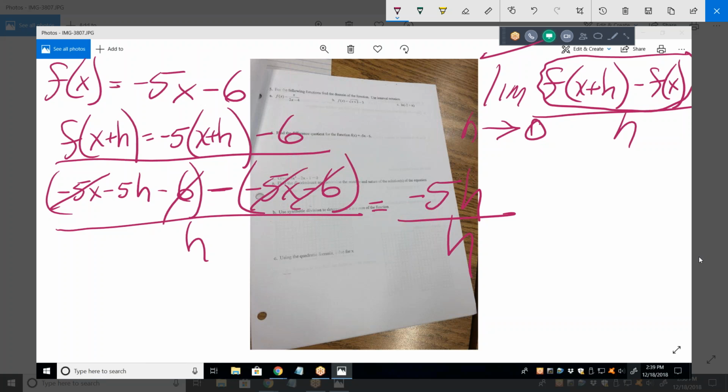Well, if I'm trying to find the limit of that as h goes to 0, I'm going to be dividing by 0, but not if I cancel those h's out first. Now, that limit is minus 5 as h goes to 0. So the question is find the difference quotient. The difference quotient is minus 5, presuming that they want the limit. In other words, presuming that's what they want.